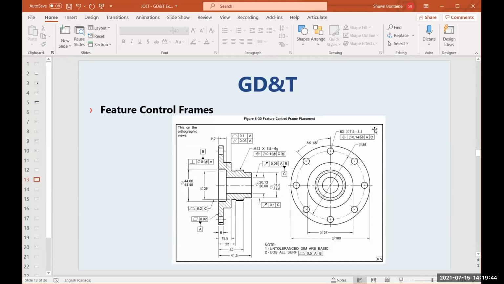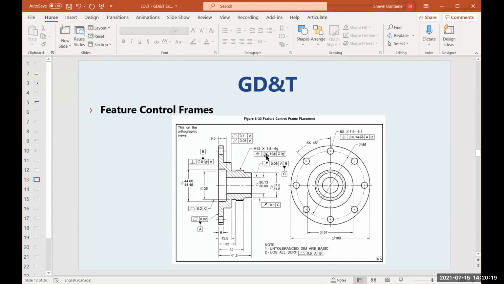So we're calling out 8 clearance holes on that flange, and not only do we have to meet the physical size requirement of those features, but there is a positional requirement of so much to A and C. The feature control frame is attached right to the callout, and it moves with it as it gets moved on the drawing. Another example, over here in the middle, is an M42 thread called out with a positional requirement attached to it.